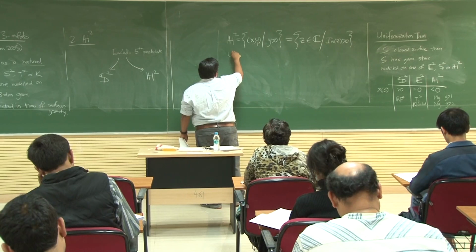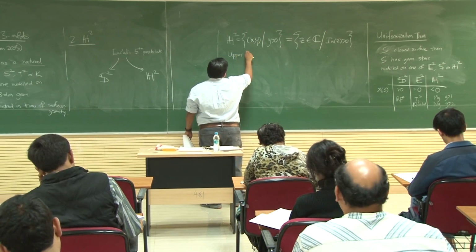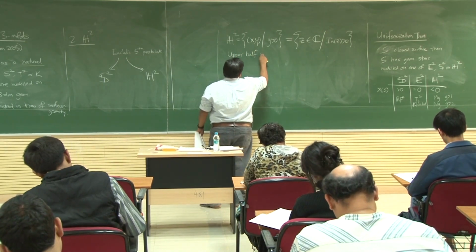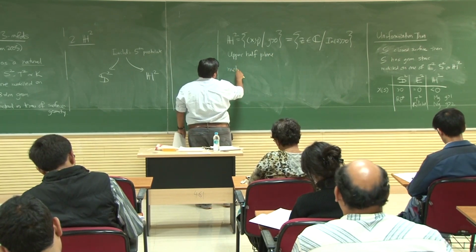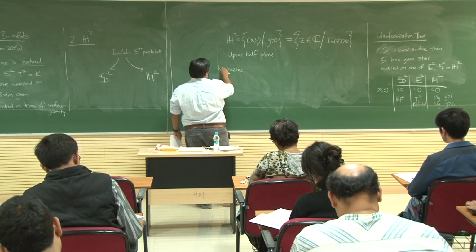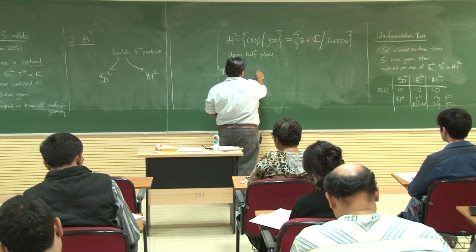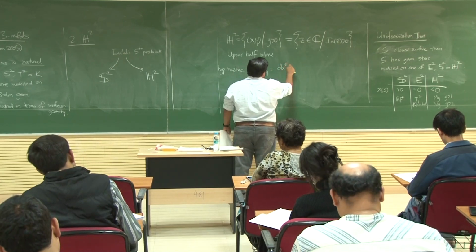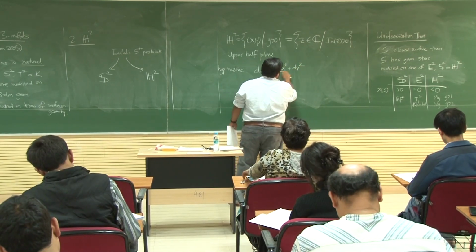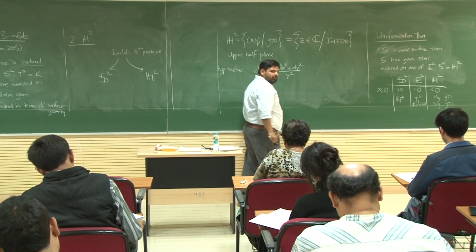So this is called the upper half plane, and then there's the metric, the hyperbolic metric. So it's the Euclidean metric just scaled by the height.